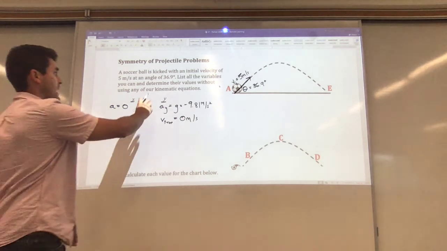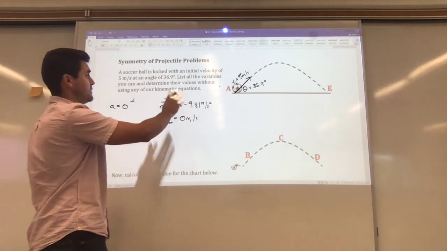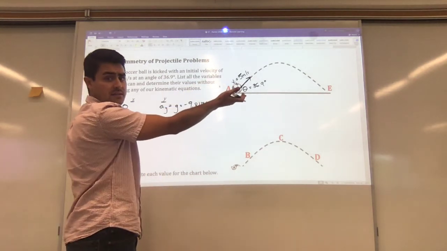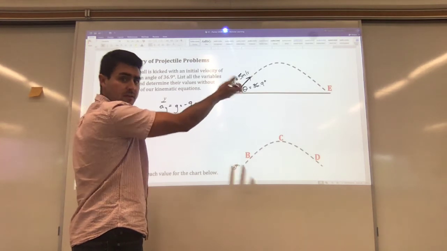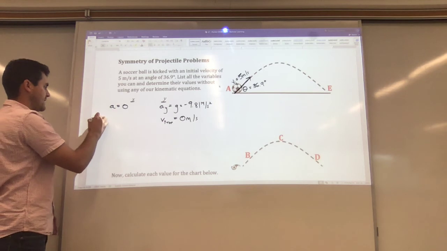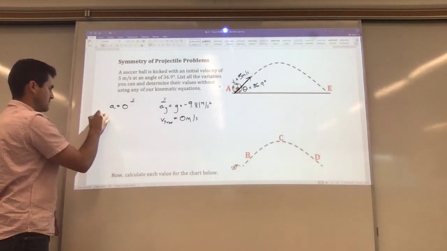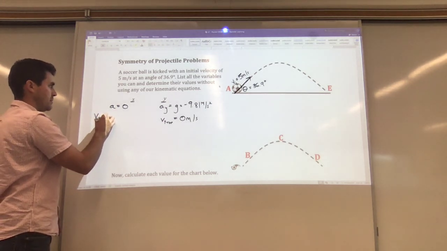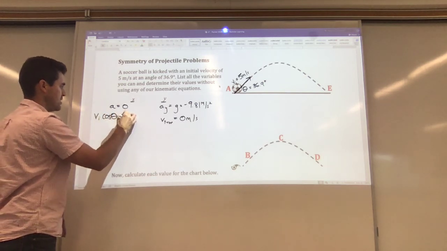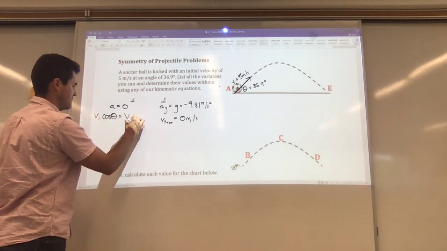But it doesn't say I can't use any equations. It says I can't use kinematic equations. So what I can also still figure out is the initial velocities in both the x and y direction. Let's go ahead and do that. We just wrote this down, didn't we? We just said that the initial velocity times cosine theta equals the initial velocity in the x direction.